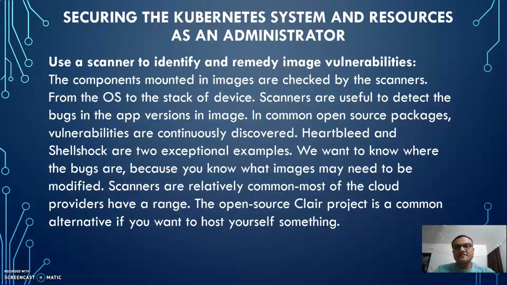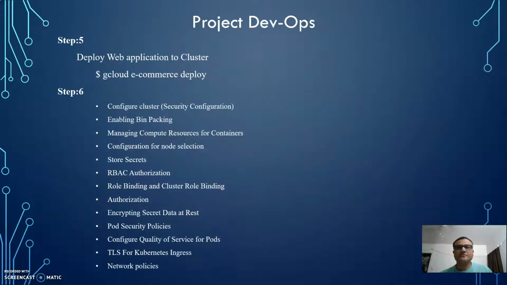But at the administrator level, at least we can make sure the configuration is as per the guidelines, as per the CIS benchmarks. What configuration we, as an administrator, need to take care of, we can find by running applications like KubeHunter and KubeBench, and that will give us great information about the configuration.